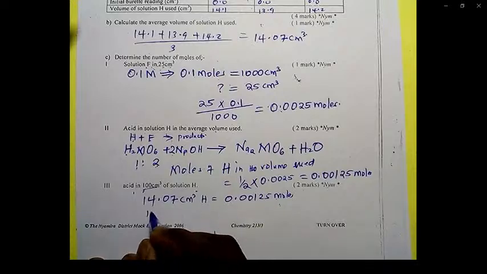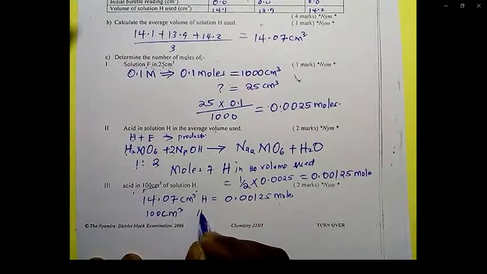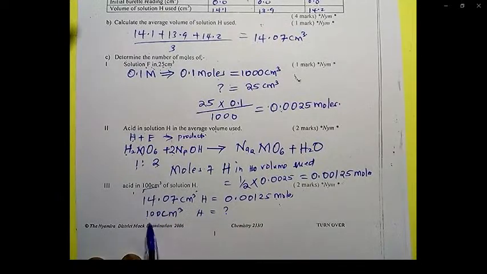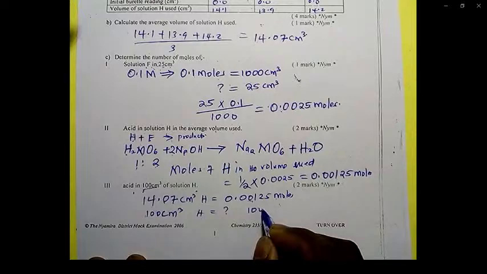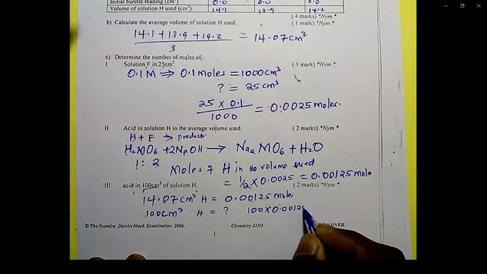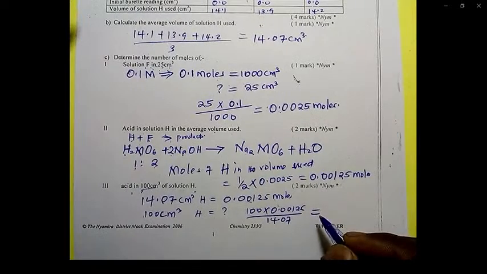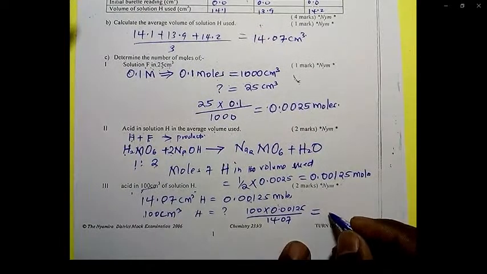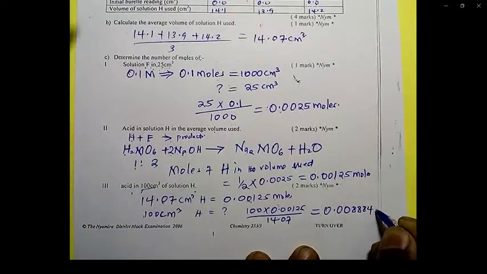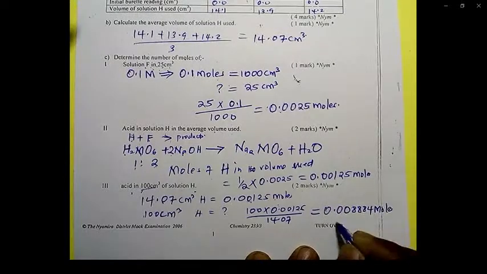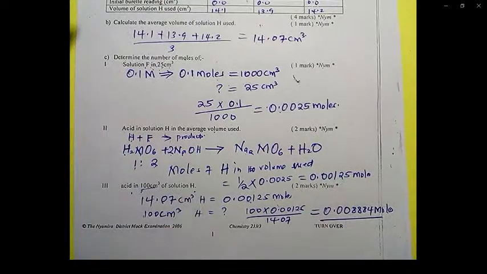What about 100 centimeters cube of H? So it is 100 times this divided by this. This one will give you 0.008884 moles. So the moles in 100 of solution H contains this.